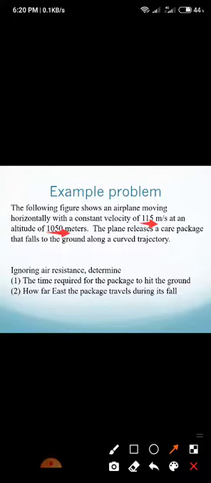The plane releases a care package that falls to the ground along a curved trajectory. Ignoring air resistance, determine the time required for the package to hit the ground, and how far east the package travels during its fall.